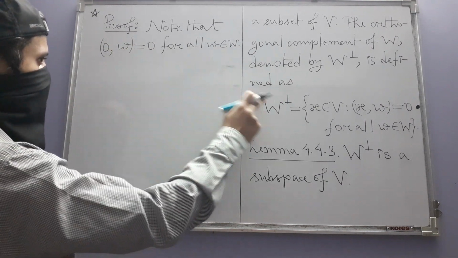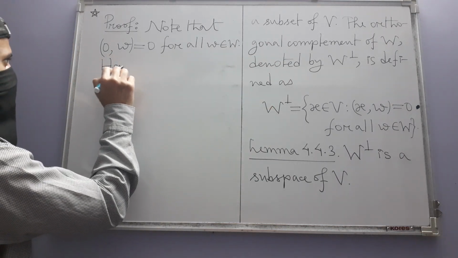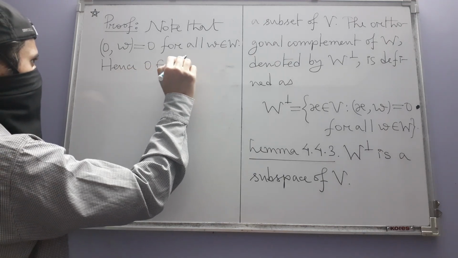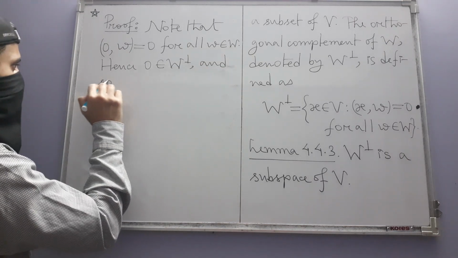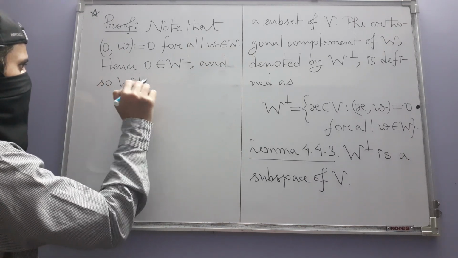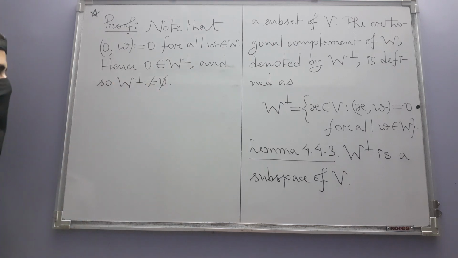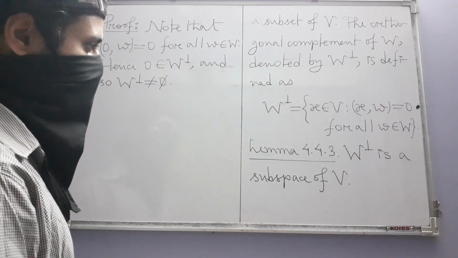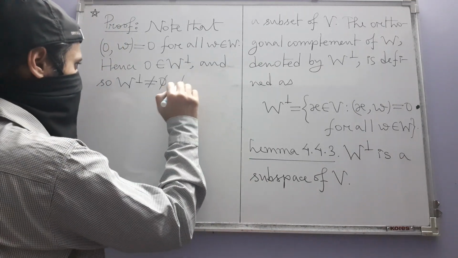That 0 belongs to W perpendicular, and so the subset we are considering is actually a non-empty subset. It has some vectors from V. Now we can verify the condition for a subspace.